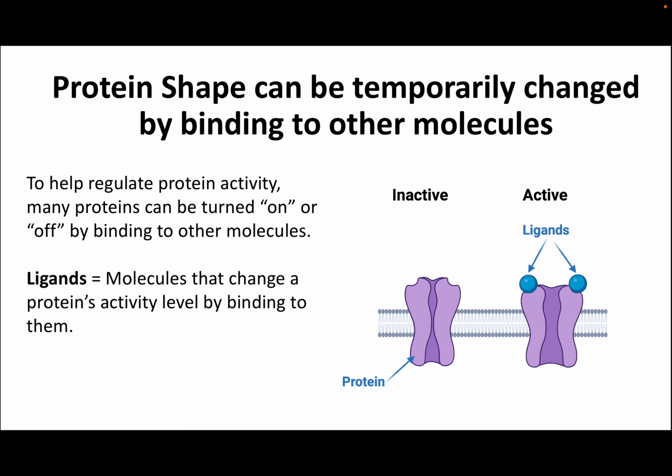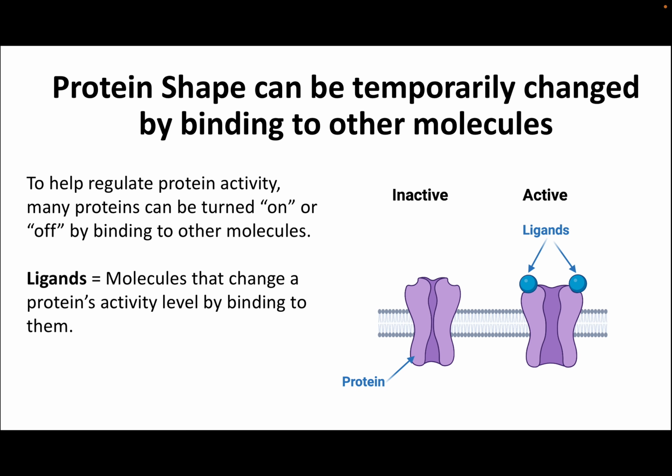Now, there are some conditions that can permanently cause a protein to become denatured and stop working altogether. But actually, small temporary changes in a protein's shape is one way that we can modulate the protein. What I mean by that is being able to turn the protein on and off. These proteins are completing functions, but you don't necessarily want that function all the time.